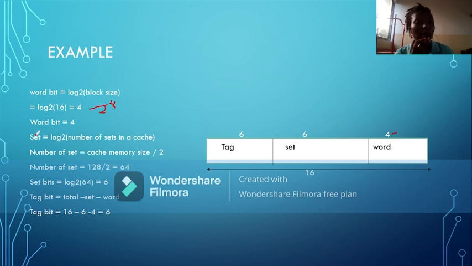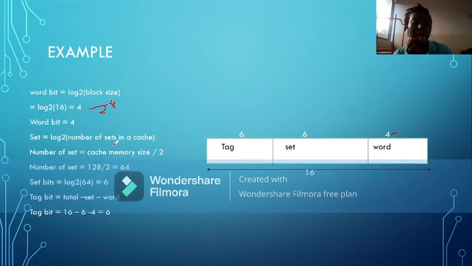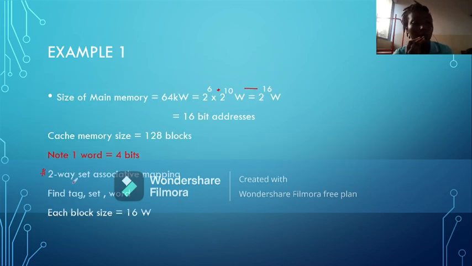Finding the set bits is log base 2 of the number of sets inside the cache. The number of sets in the cache was not actually given, so you have to find it. The number of sets in the cache is equal to the cache memory size divided by the way of the set associative mapping. If it's two-way, four-way, or eight-way.